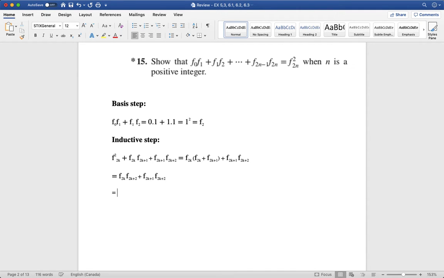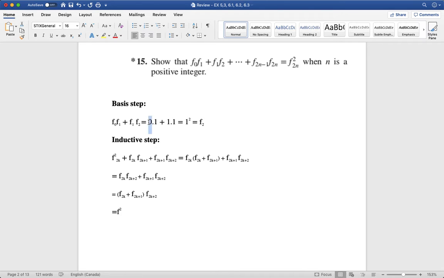This is basically equal to f2k, then f2k plus 2, and then f2k plus 1 f2k plus 2. This is equal to f2k plus f2k plus 1 times f2k plus 2, and then this is equal to f to the power of 2.